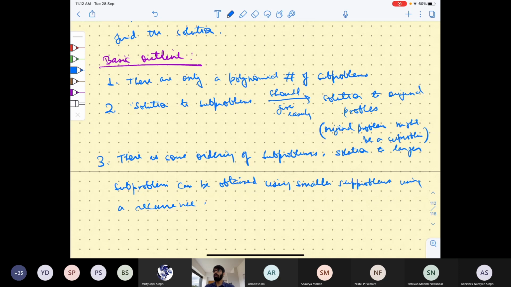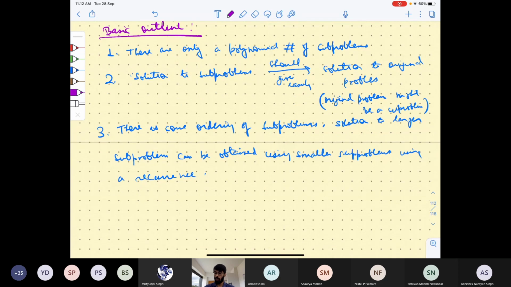Right? So like these two are the crucial steps, of course, that how to get to the subproblems. So there are two things, like subproblems and recurrences.